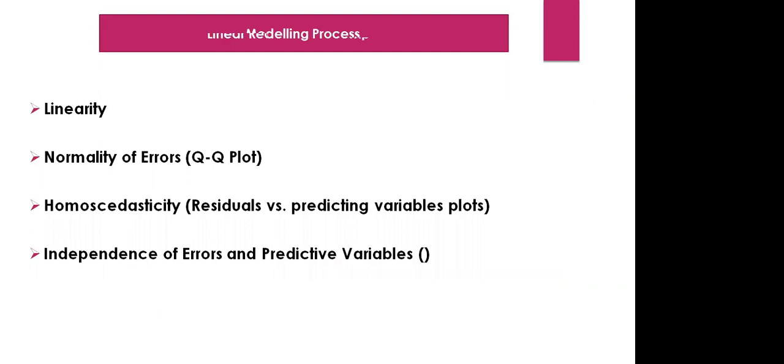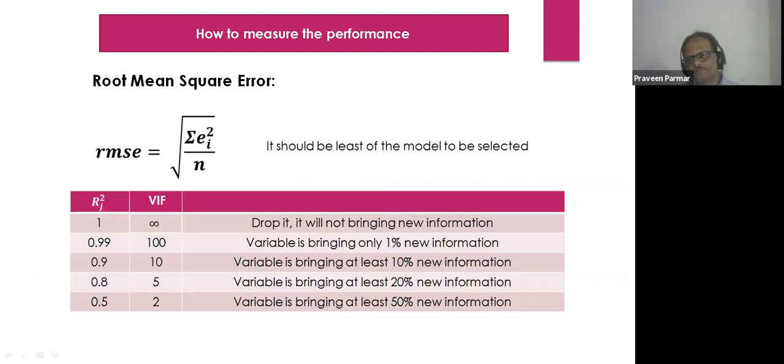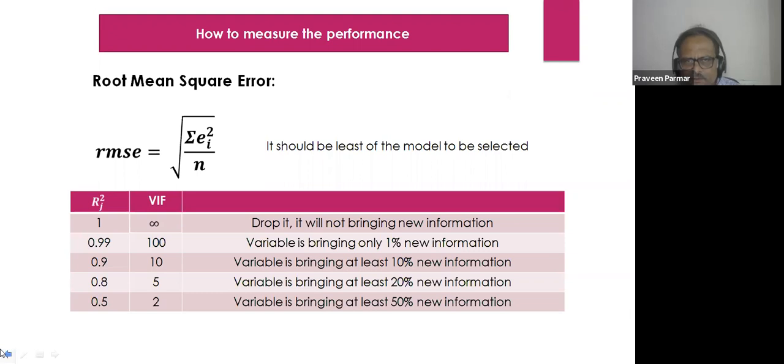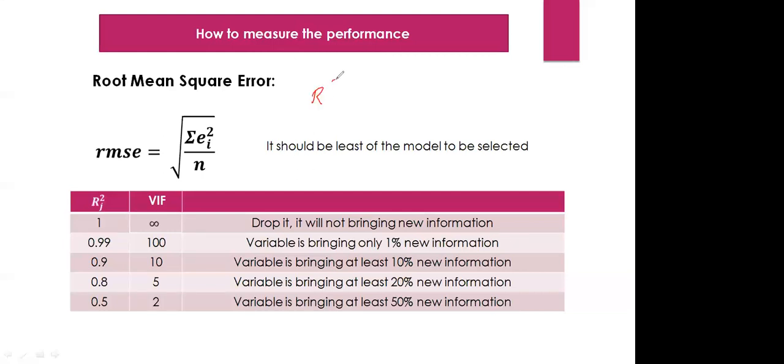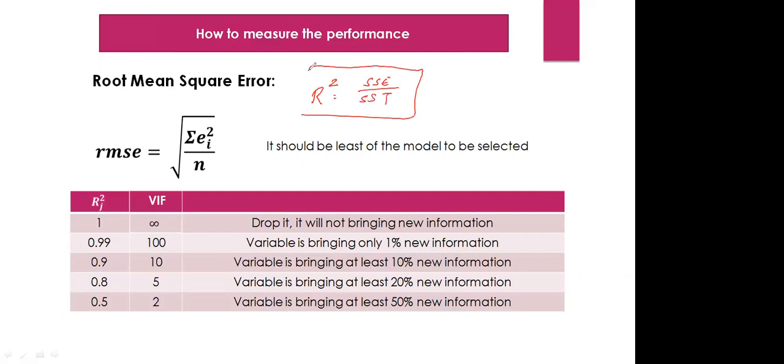Is this Rj square the RMSE? No, it is not RMSE. Rj square is a different thing. I explained it earlier, and in this PPT I explain it once more. R square is equal to SSR, sum of squares of regression, over SST, sum of squares of total. Yeah, now you remember it.